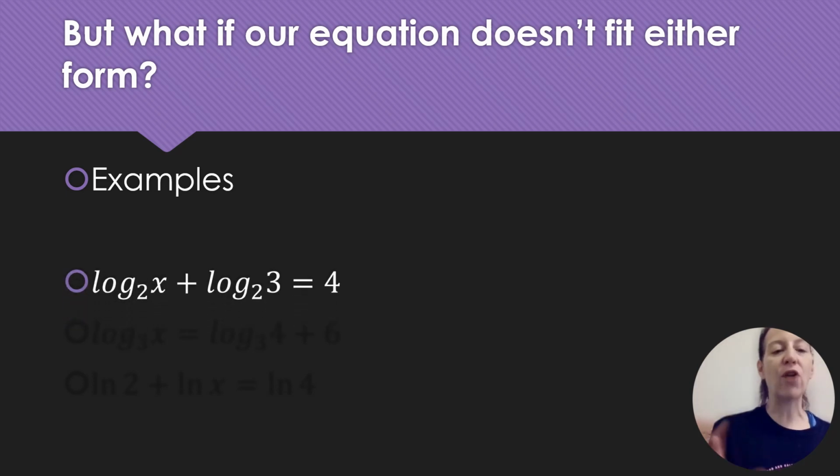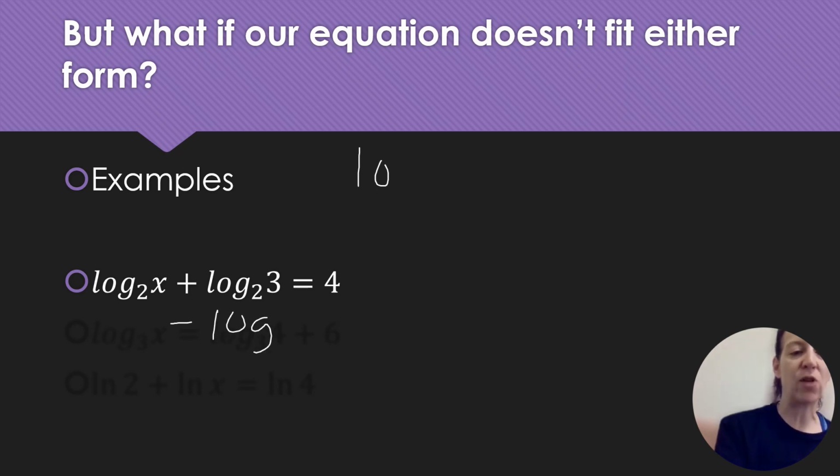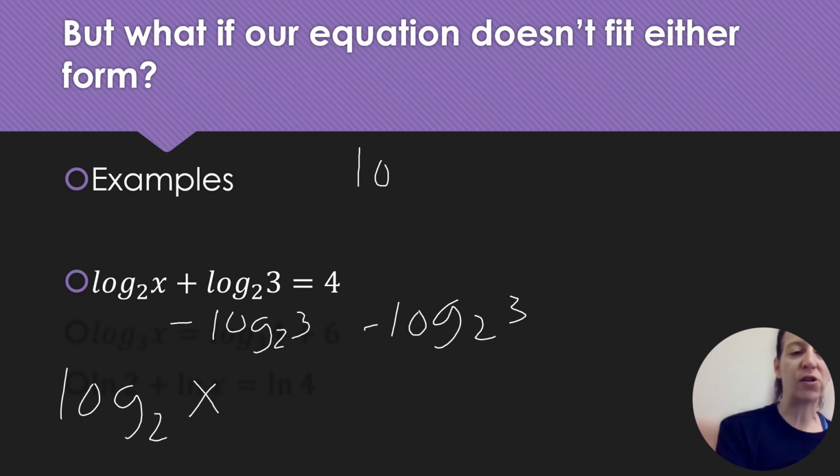So here I have log base 2 of x plus log base 2 of 3 equals 4. So this has 2 logs, and I can't isolate them. So the only thing you could do there is you could maybe subtract log base 2 of 3 from both sides. And that would give you the log base 2 of x on one side.